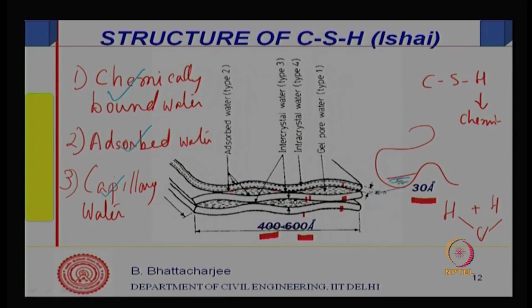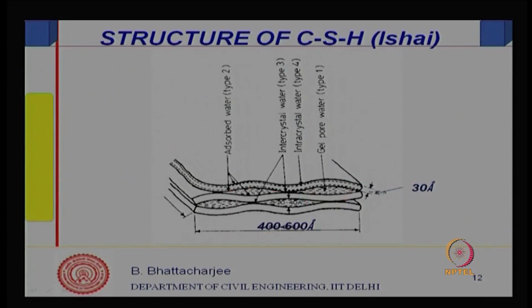All right. Now, in his model, he is talking of these sheets. Adsorbed water forms a layer of water at the surface, and the density of this water is not 1, it has a different density. So, the adsorbed layer will be at the boundaries, at the surface.